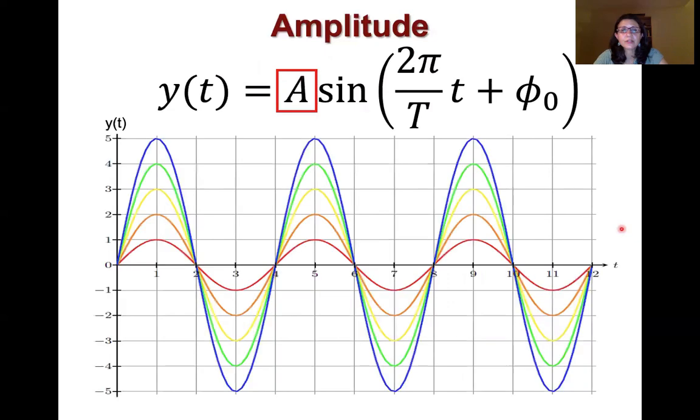So let's look at the amplitude. Here I draw a bunch of sine functions with various amplitudes. The larger the A, the larger the maximum displacement. The blue sine function here has a displacement of 5. It should have units of space, it could be centimeters or meters, where the green one is the smallest displacement, which is 1.